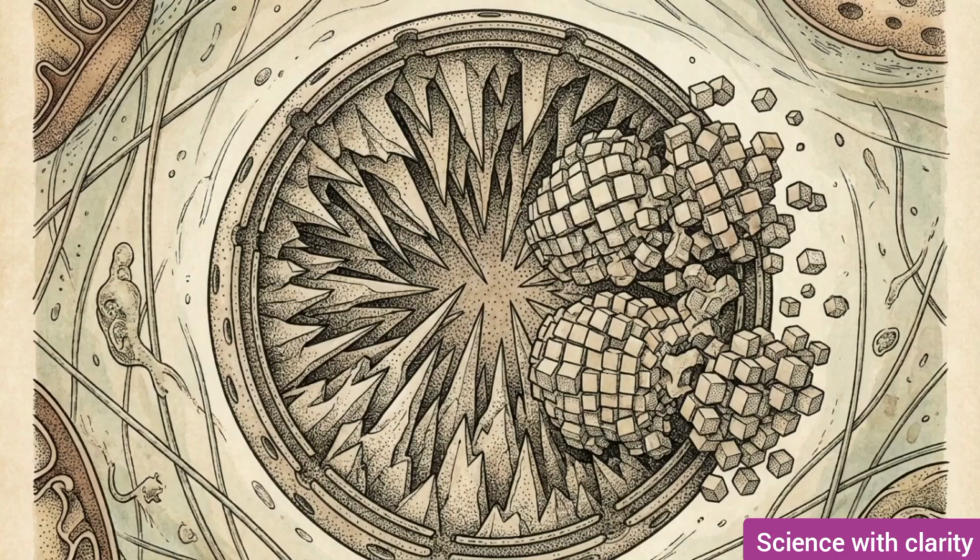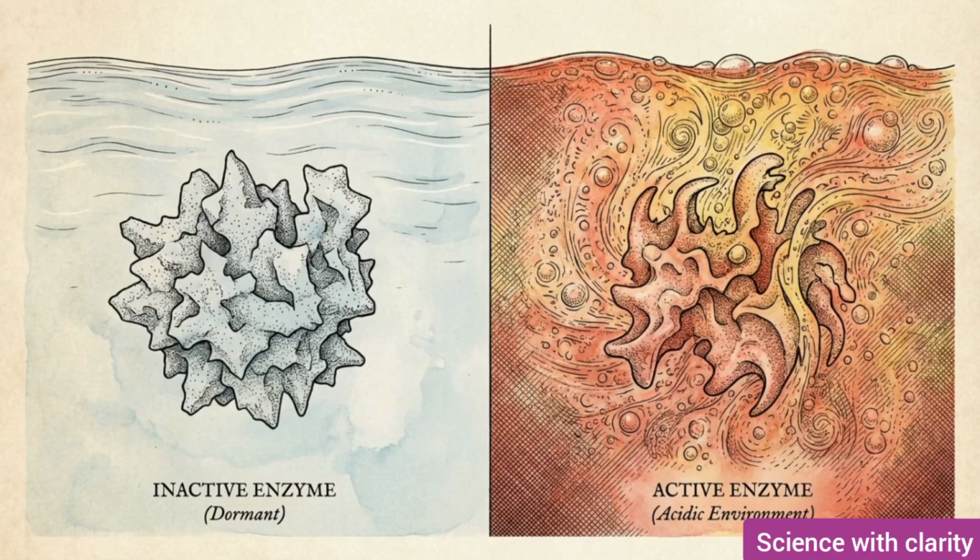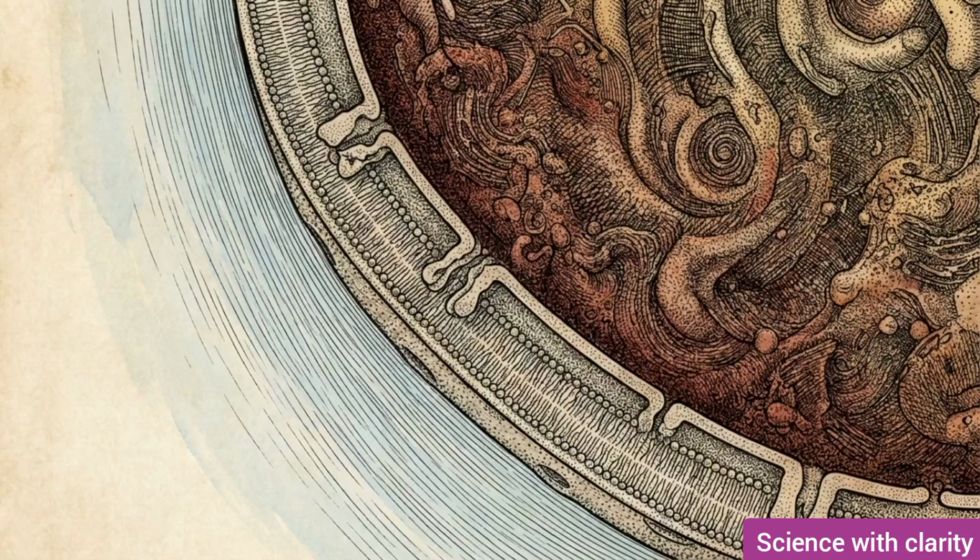These specialized vesicles are packed with hydrolase enzymes designed to break down macromolecules into recyclable building units and to digest phagocytized bacteria. To prevent accidental damage to the cell, there is a biochemical failsafe. These destructive enzymes are only activated by the highly acidic environment maintained inside the lysosome itself.